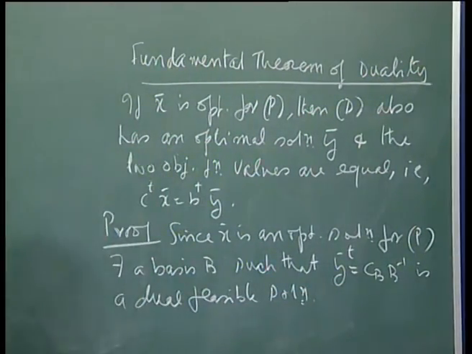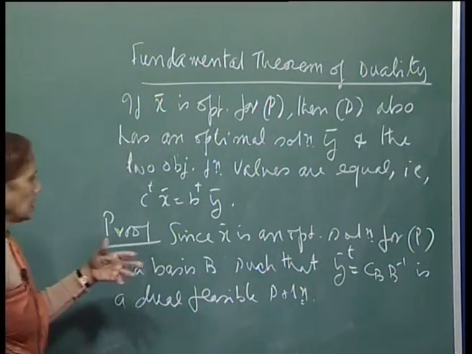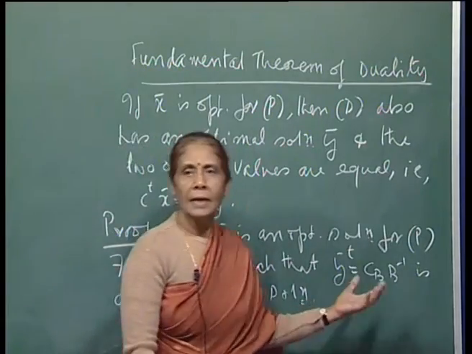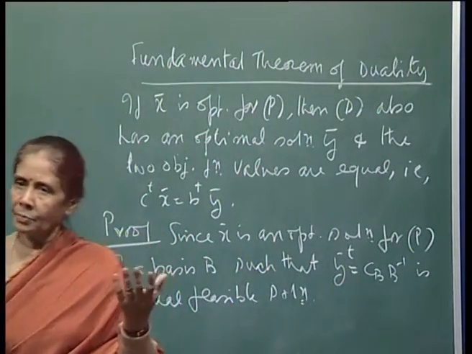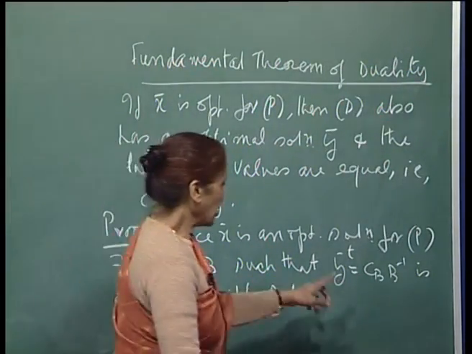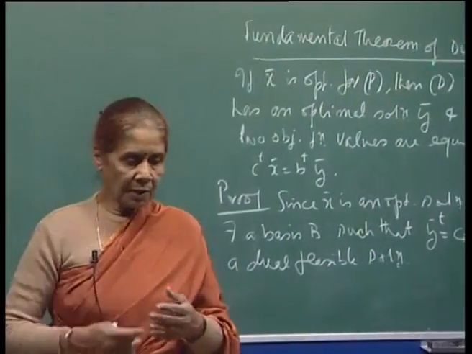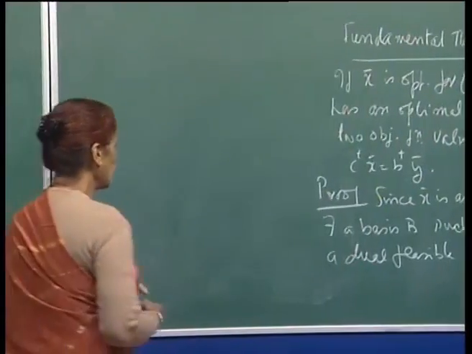The way we define the dual problem, I showed you that if B is the optimal basis, then the optimality criteria will be satisfied, and that means that y bar given by CB B inverse is dual feasible. So, if you just go back to the definition of the dual, you will recall this.